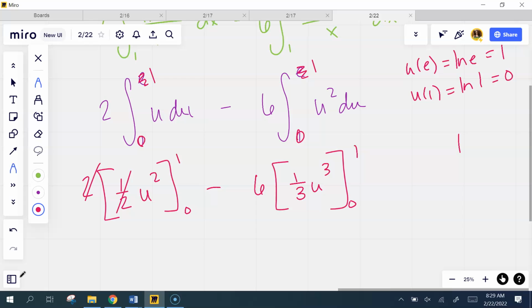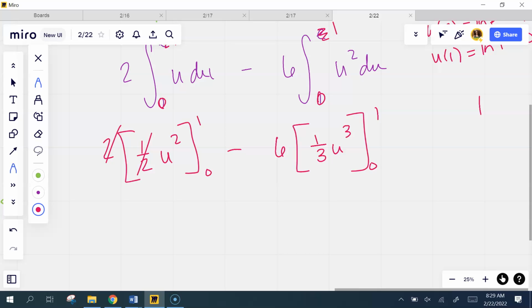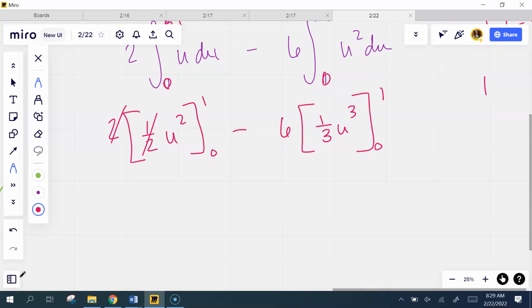So I get u squared, so I've got 1 squared minus 0 squared minus, this will become 2. One minus 2.